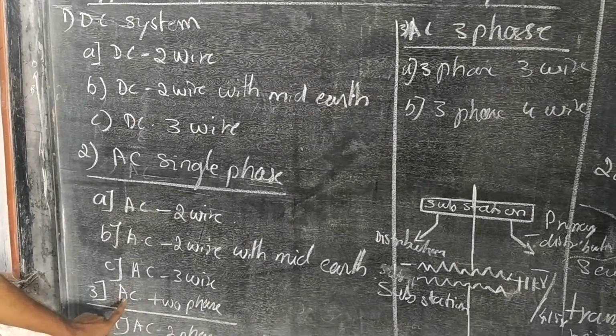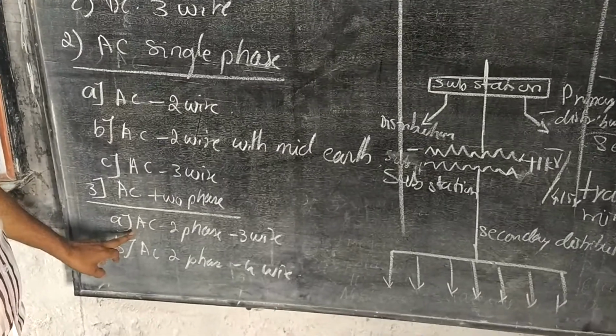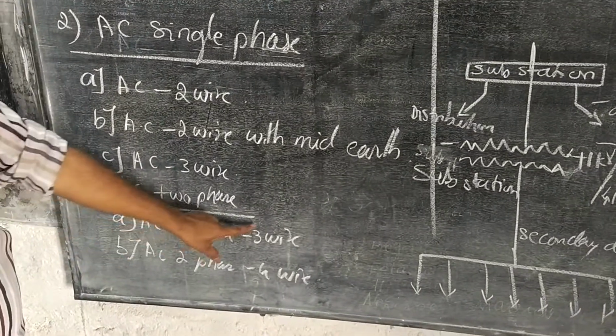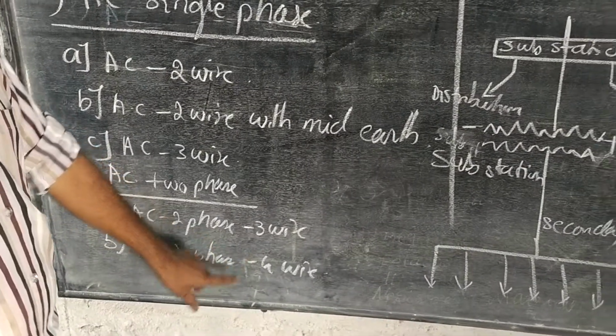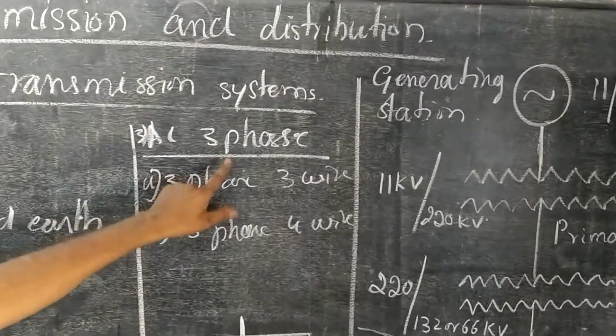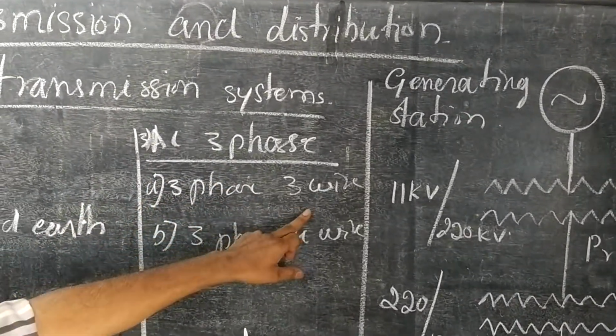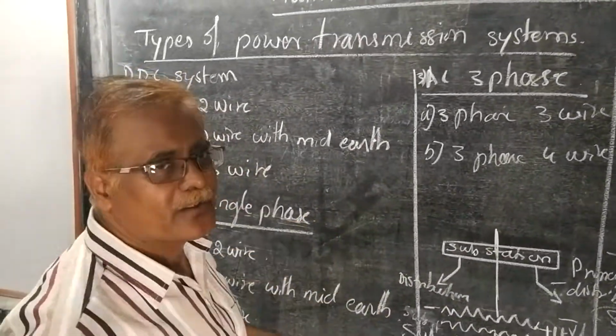Another network is the AC two-phase system. In that one, there is the two-phase three-wire system and the AC two-phase four-wire system. Next is the AC three-phase system, with the three-phase three-wire system and the three-phase four-wire system. So these are the types of transmissions.